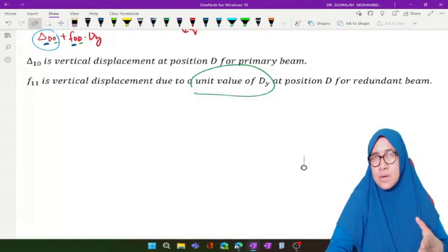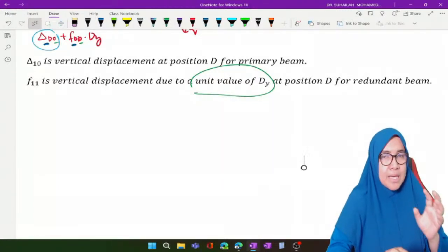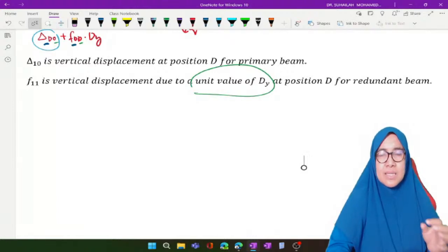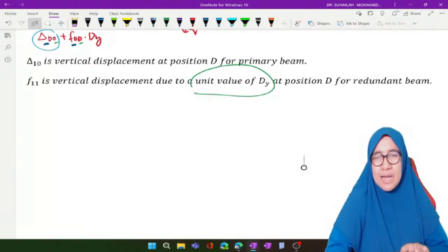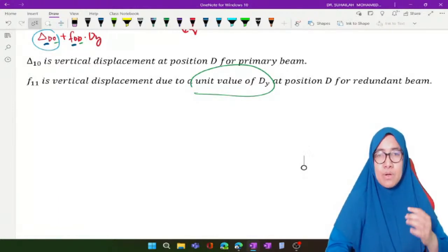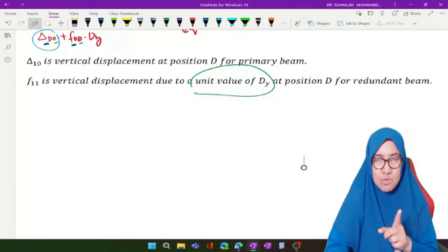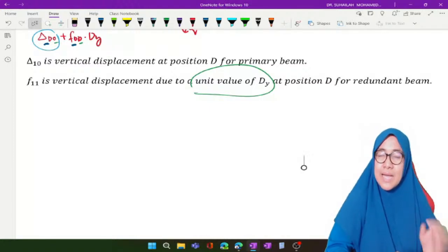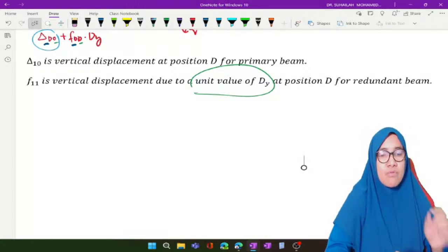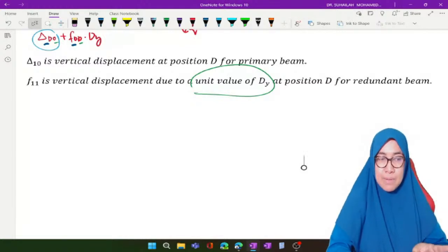F11 is vertical displacement due to a unit value of dy at position D. The first notation is for the position. The second notation is for the type of beam, here the redundant beam.